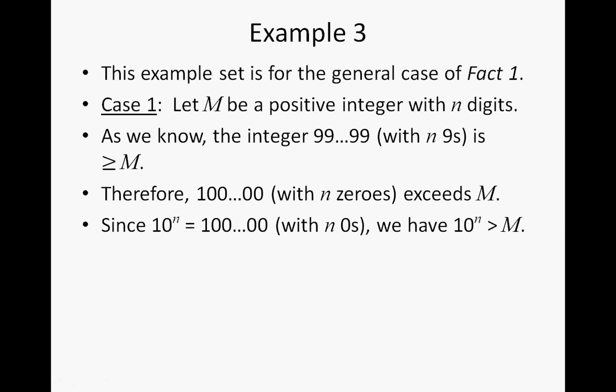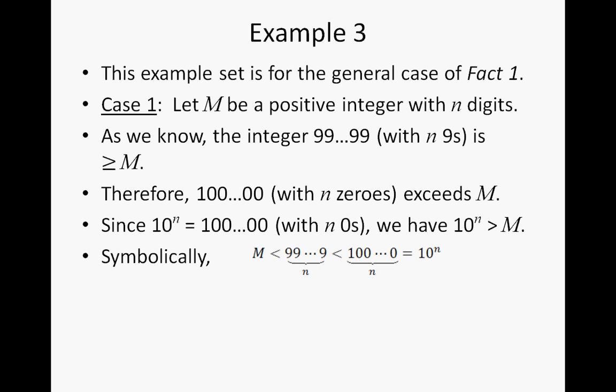Well, since 10 to the nth power is 1 with however many zeros in it, then 10 to whatever power is always going to exceed whatever our number is, our integer, being that it's the same number of digits.